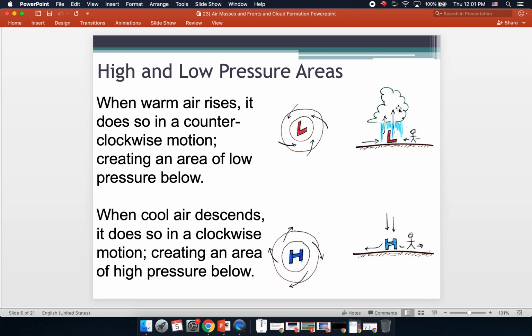On the other hand, when cool air descends or sinks, it does so in a clockwise motion, and it creates an area of high pressure below. You can see that in the pictures. And you can already see in the pictures that low pressure areas are associated with cloudy days and sometimes rainy weather. High pressure areas are associated with clear skies.